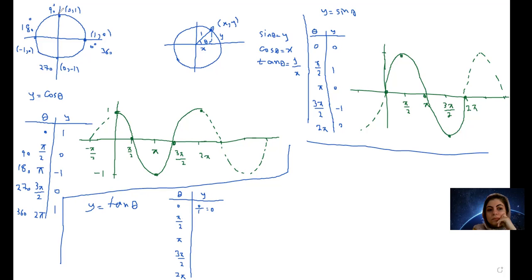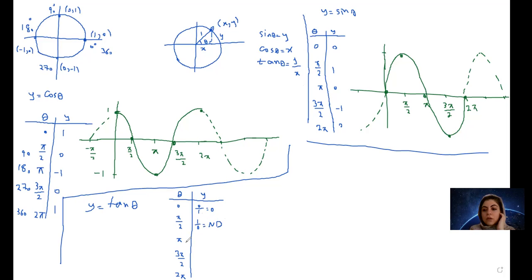Tan is y component over x component. What is the y component or x component here? 1 over 0. Yes, y component over x component, 1 over 0. Since the denominator is 0, it is not defined, or this is an asymptote here.